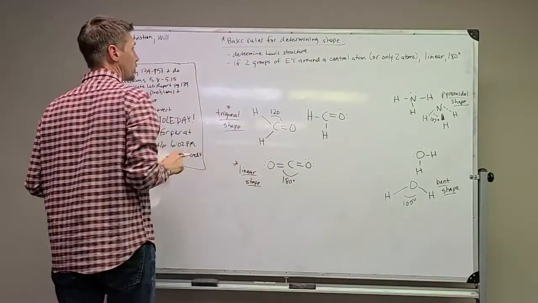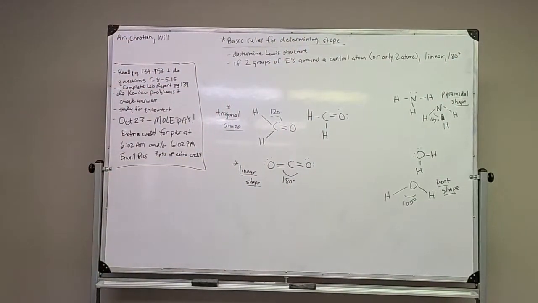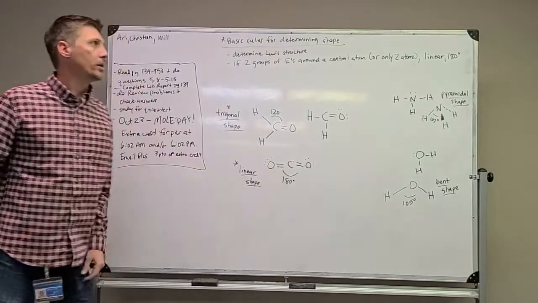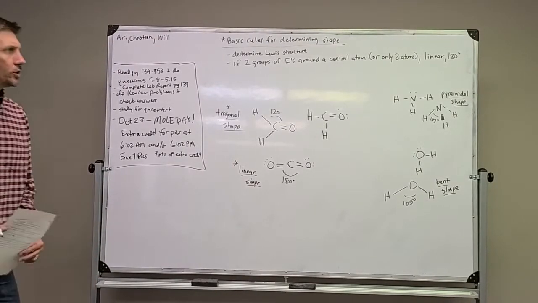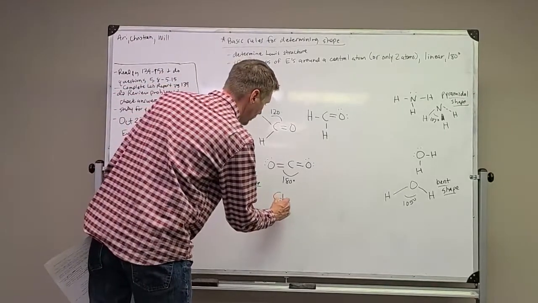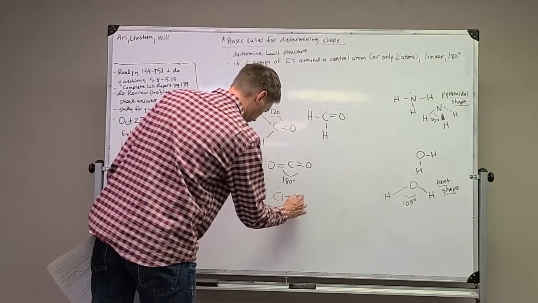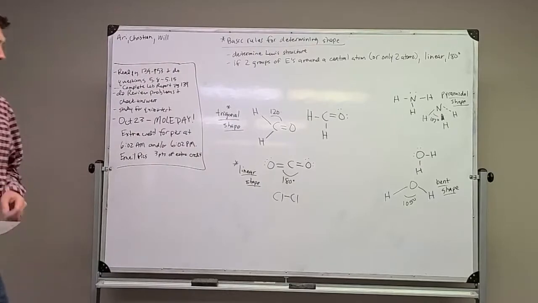All right, that's the first one. Two groups of electrons right here around the central atom, or if we only had two atoms, like when we had Cl, it's linear shape.